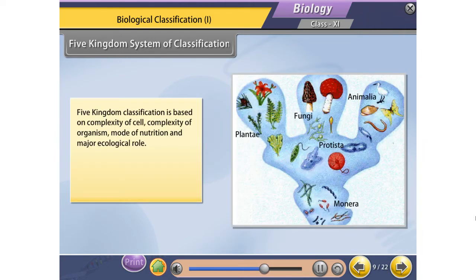The 5-kingdom classification is based on complexity of cell, complexity of organism, mode of nutrition, and major ecological role. Whittaker's scheme is still widely accepted as a logical classification of living things.